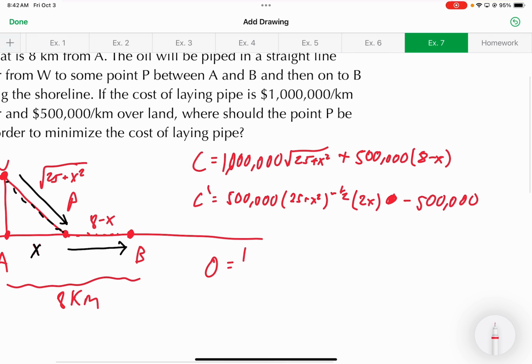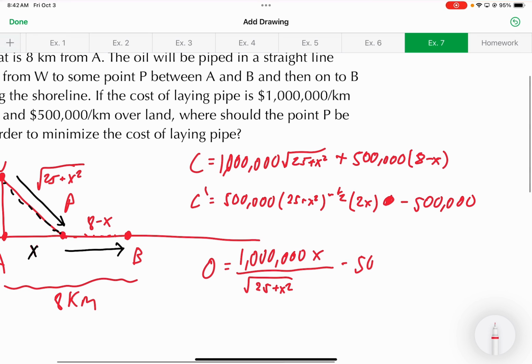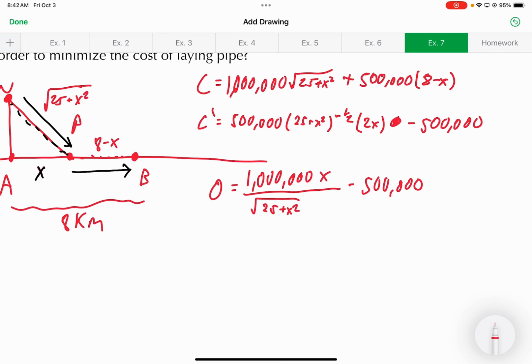That x is up there as well too, over square root of 25 plus x squared. And then minus 500,000. Move it to the other side.